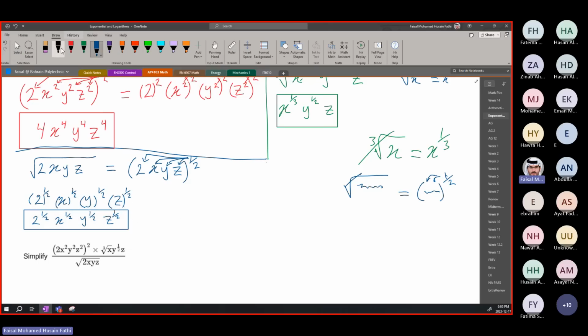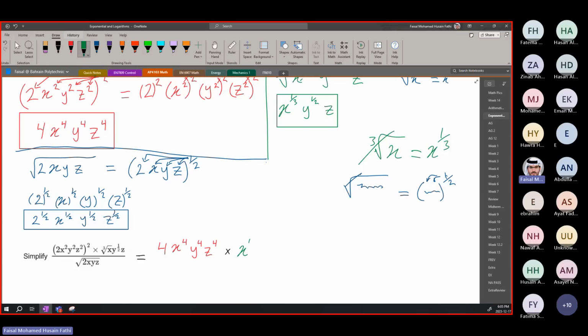Okay, so first one is 4x. Let me use the colors so you guys don't get confused. First one is 4x 4y 4z 4. Second one is times. Second one is the green.